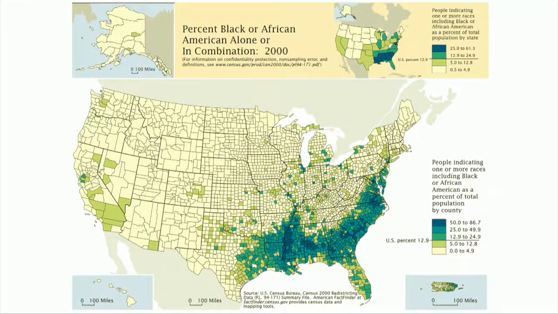And these crops were able to be grown in climates that existed in the southeast of what is now the United States, in addition to this, in the Caribbean islands. And so these are still where the largest concentrations of African Americans are found.